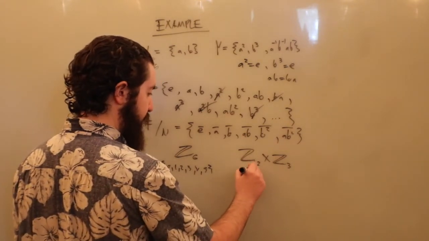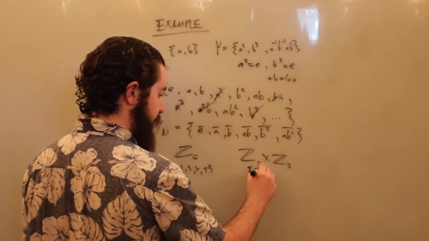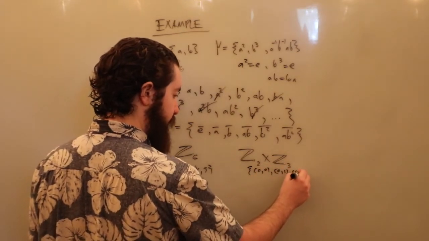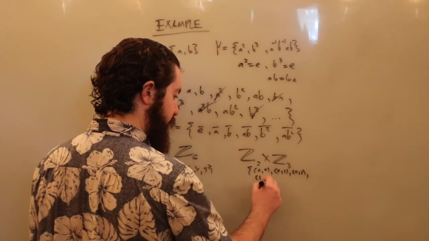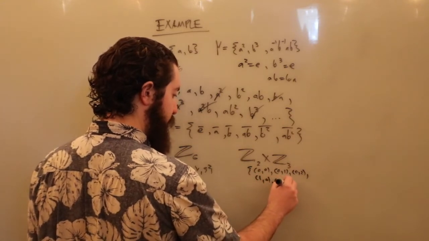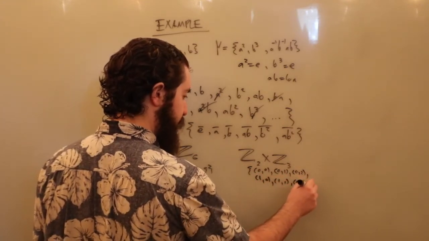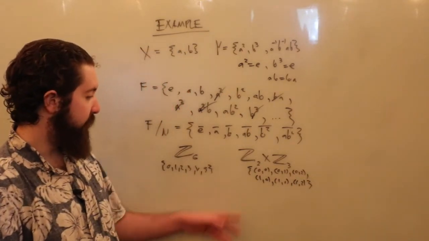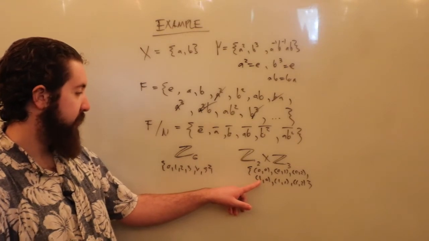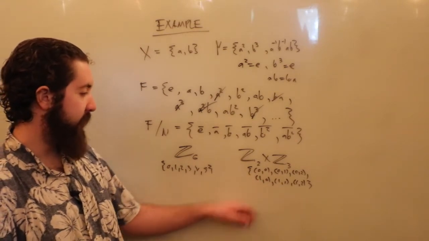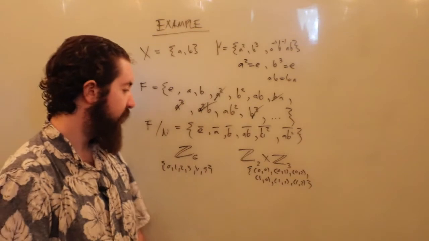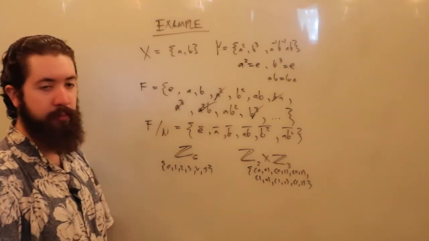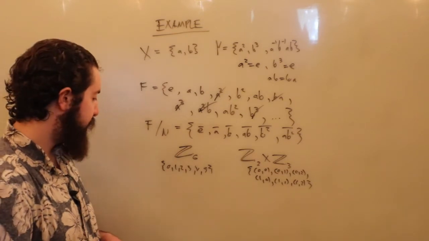And Z2 cross Z3 is going to be (0,0), (0,1), (0,2), (1,0), (1,1), and (1,2), where the first coordinate is mod 2 and the second one is mod 3. So, what generators could A and B possibly be?